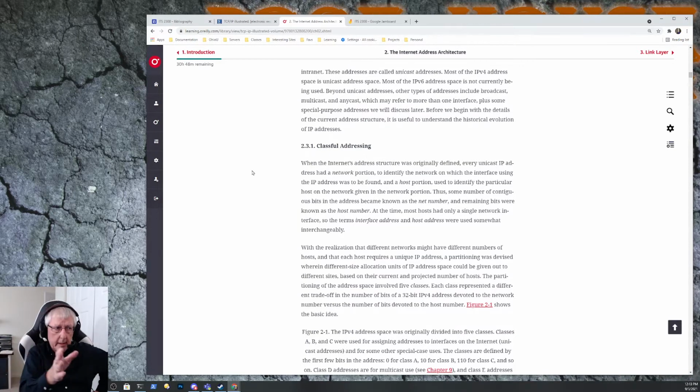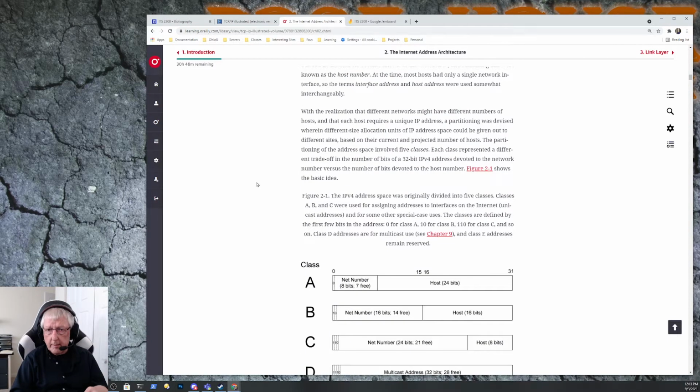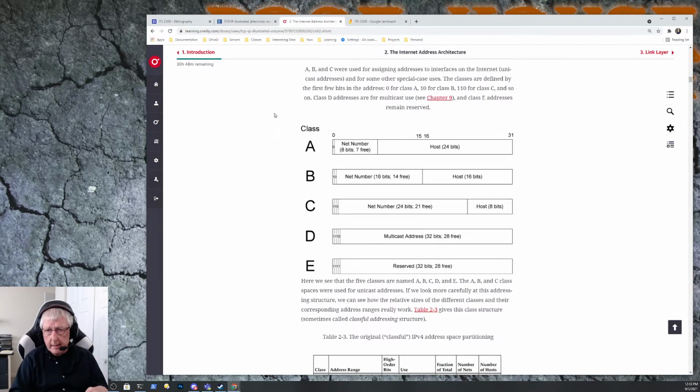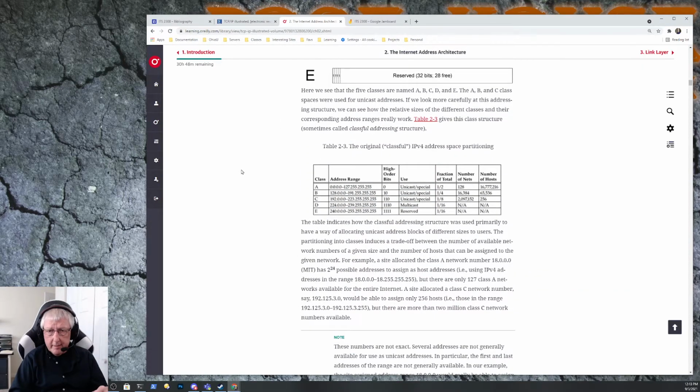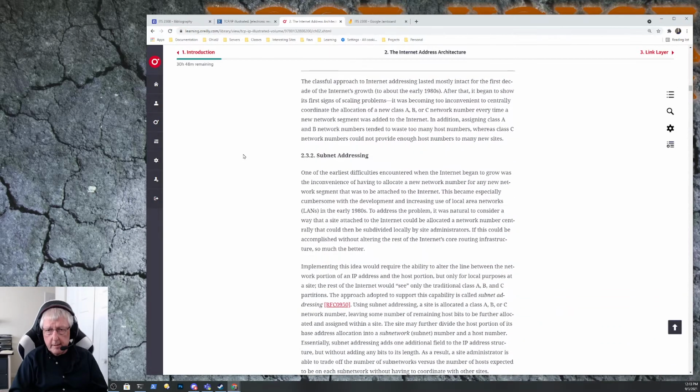And this book is just old enough where it wasn't as much history when this was written. So the classful addressing has no role at all in the current network. These class A, B, C, D, E addresses are not anything that is operational in the network now. So skim over it, it really doesn't matter.